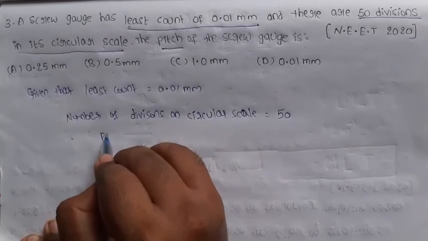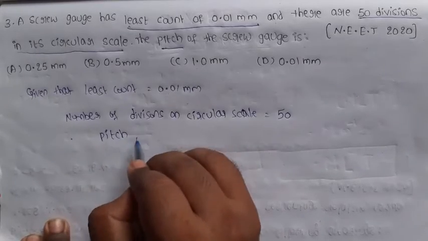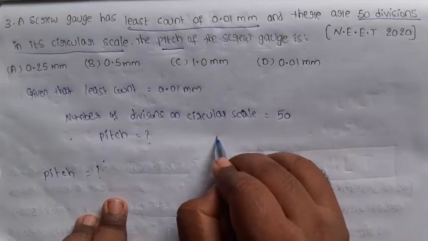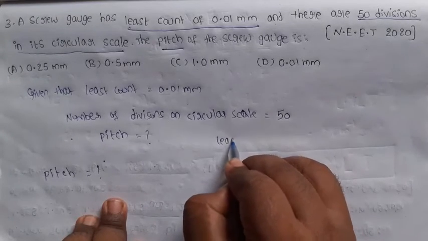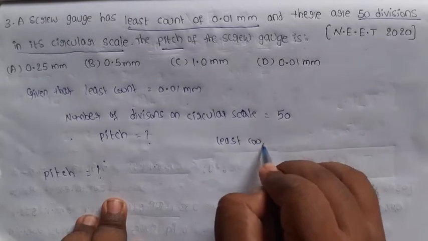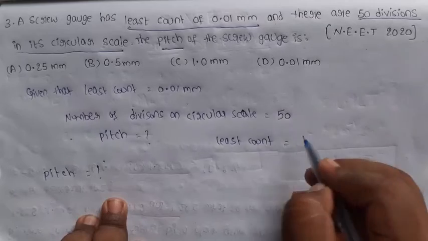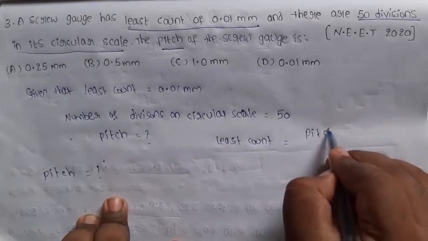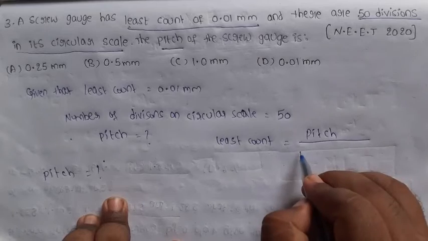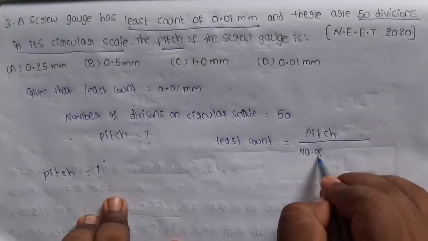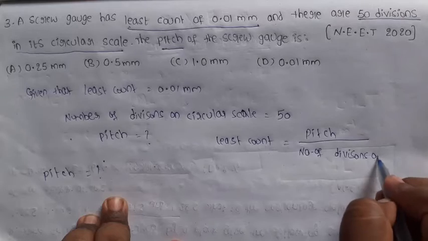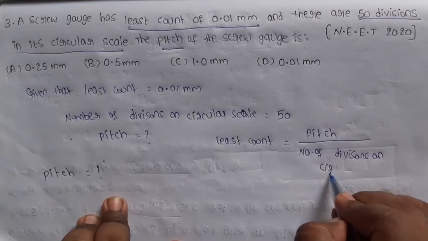Find out the pitch of the screw. Next, what is the least count? The least count formula for screw gauge is pitch by number of divisions on circular scale.